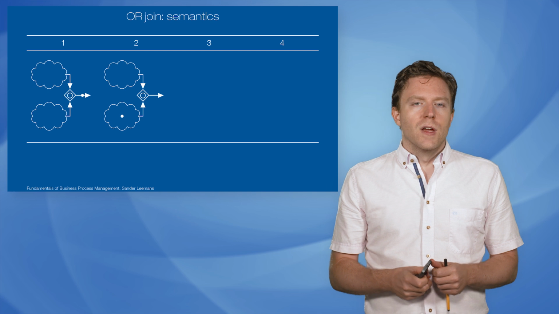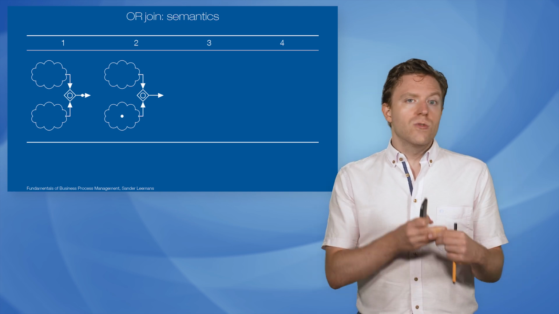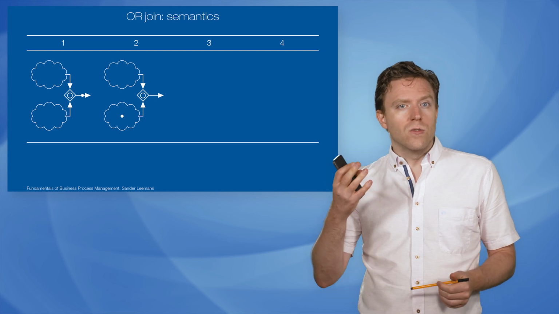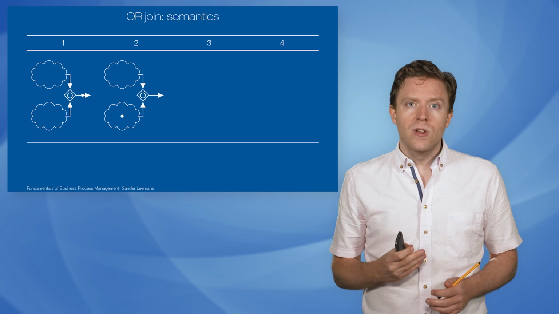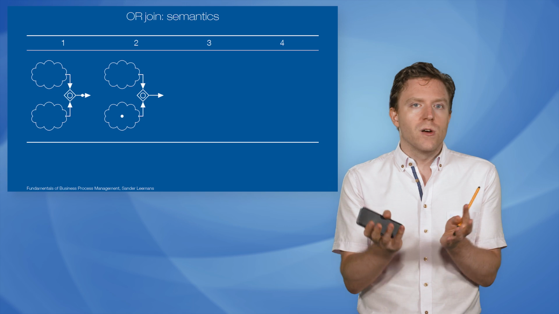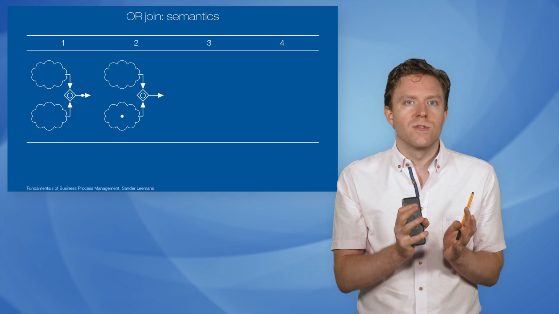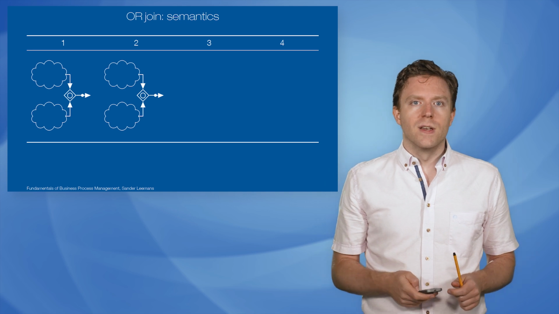Another example, if there's only a token in the bottom part of the model, then as soon as this token arrives in the OR join, the OR join will look back in the other branch and see, can there still a token come? Well, in this case, from the top, there's no token in this part of the process, so the OR join will fire immediately.